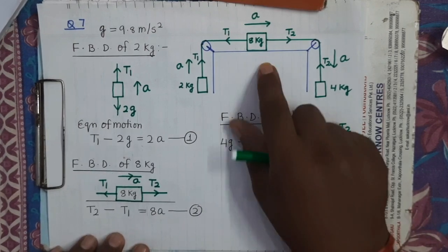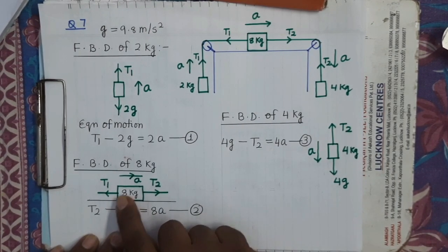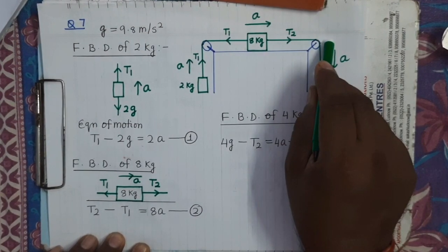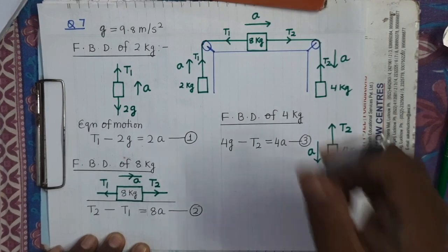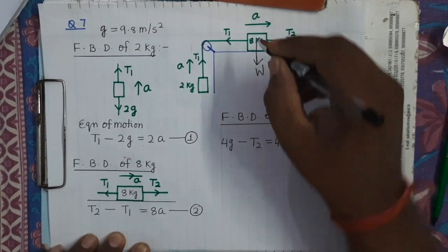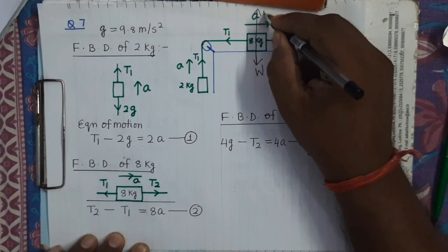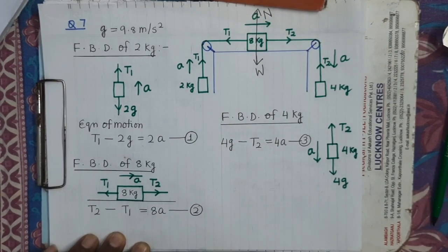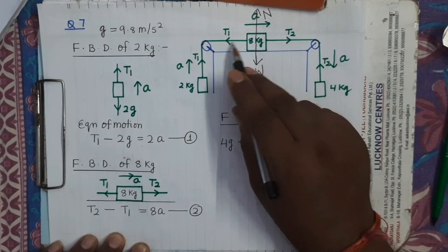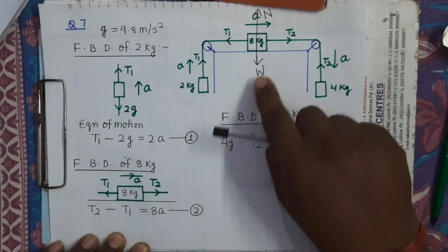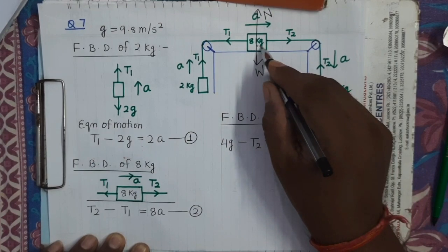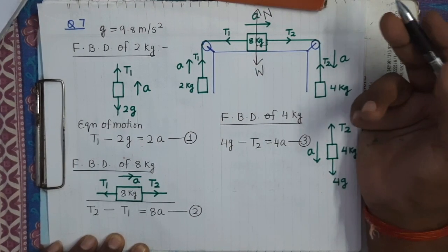Now you can see here the 8 kg block. On the 8 kg block only two forces are acting, T1 in this direction and T2 in this direction. We have not taken into account its weight, which is acting vertically downward, and the normal reaction, which is acting vertically upward. Why? Because these forces do not have any effect on this motion, which is in the horizontal direction. These forces are acting in the vertical direction. Their component W cos 90 will be 0. Cos 90 is 0.